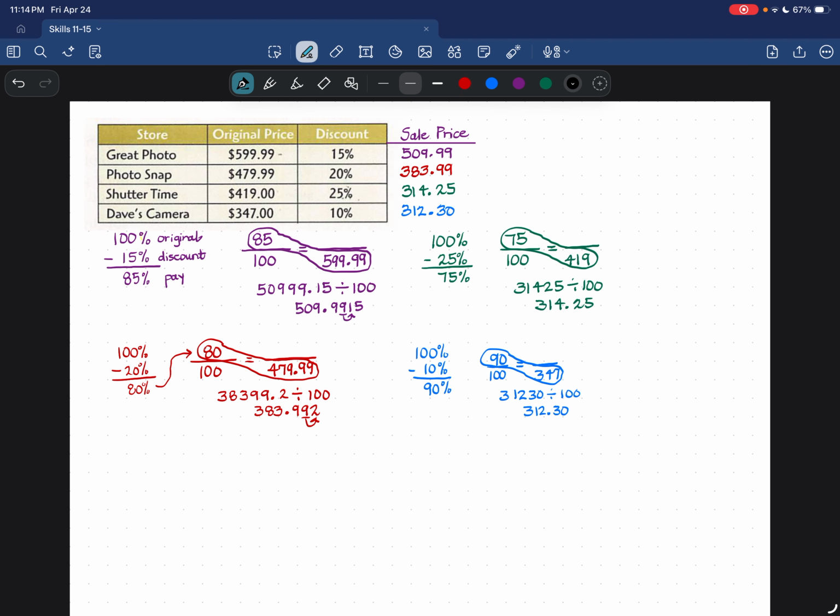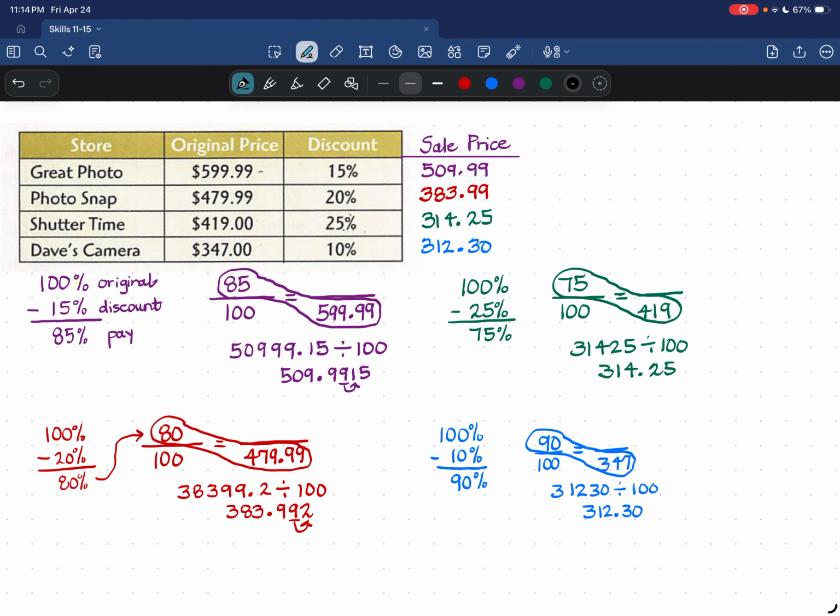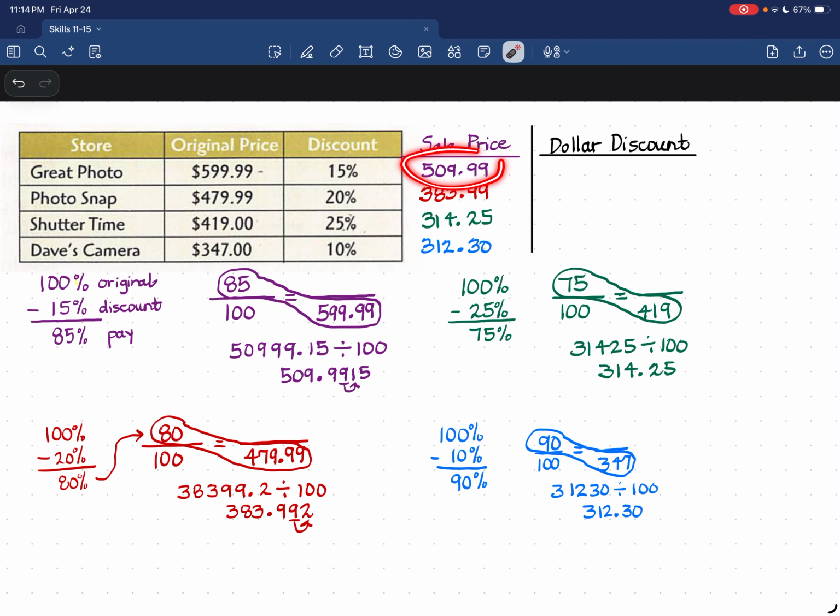So I need to go ahead and find my dollar discount as well. I'm sorry, I should have done these before I tried to show them to you. But we have what we need here. It's okay. Let's take our calculator and we're going to subtract this number from this one.